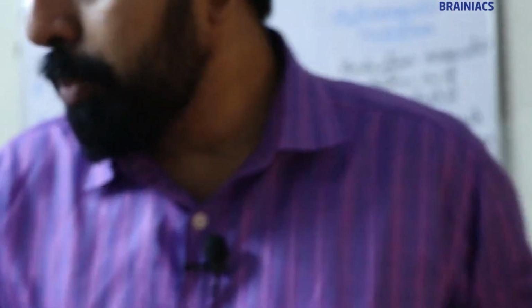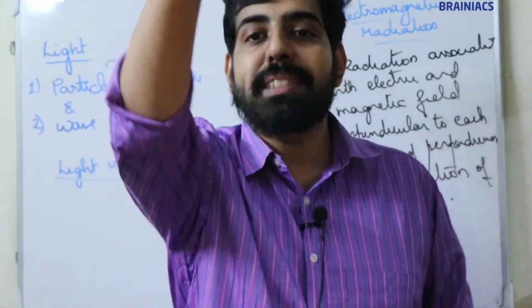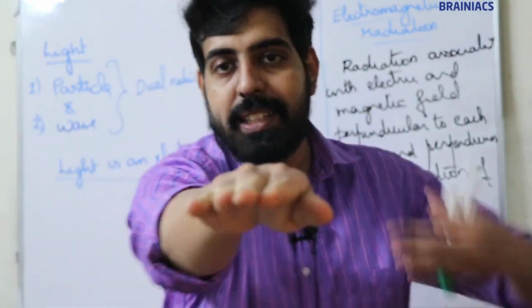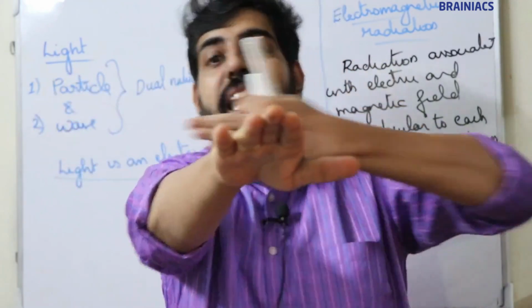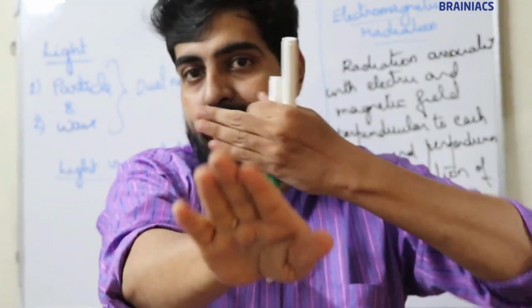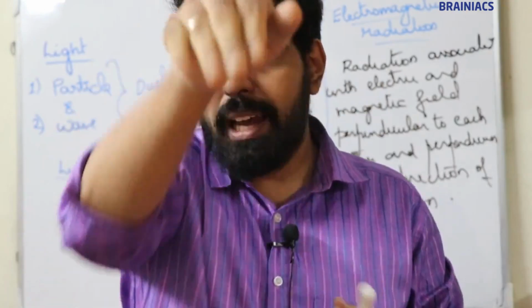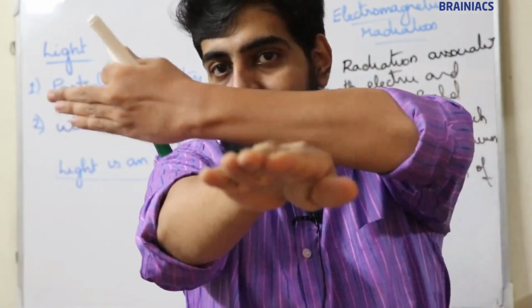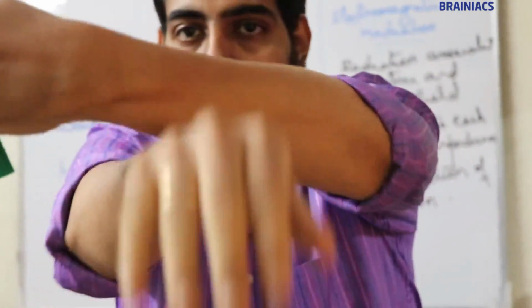Light is a wave, and it propagates in the x-axis. Perpendicular to the propagation of light, that is in the y-axis, the electric field propagates with light.